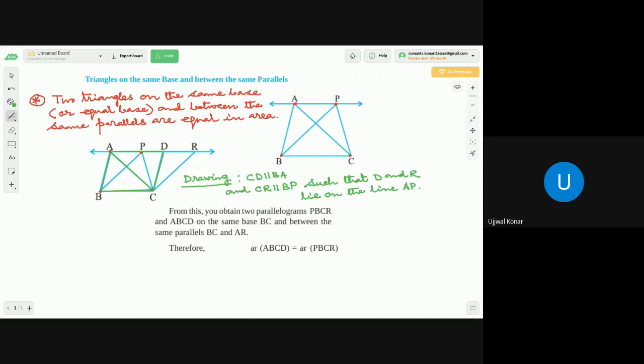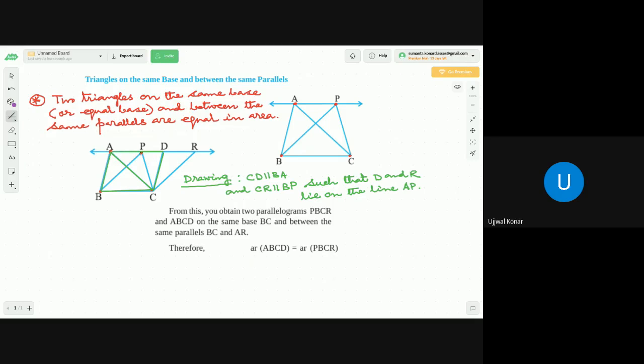The first triangle is ABC and the second triangle is CDA. They are congruent. Fantastic. Why are they congruent? Because we know the diagonal of a parallelogram divides it into two congruent triangles. Fantastic answer.